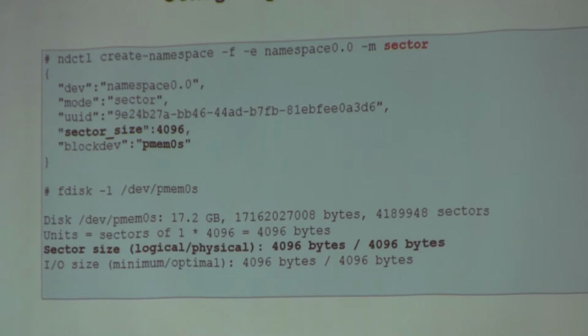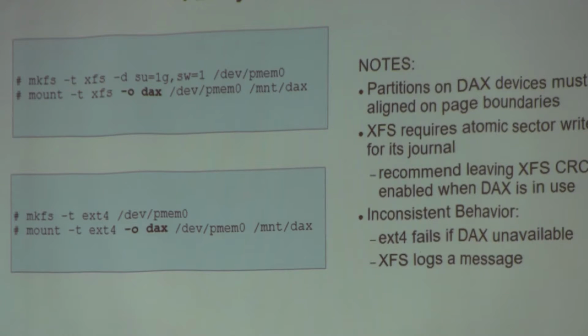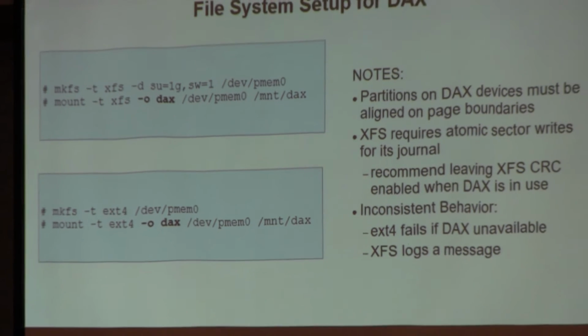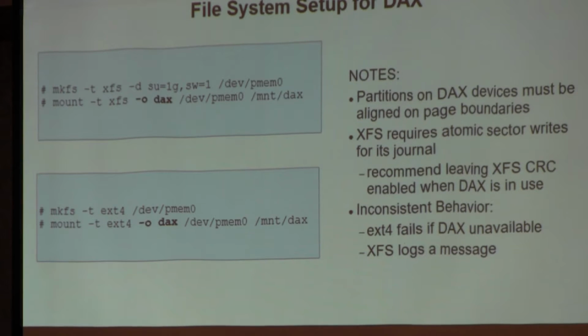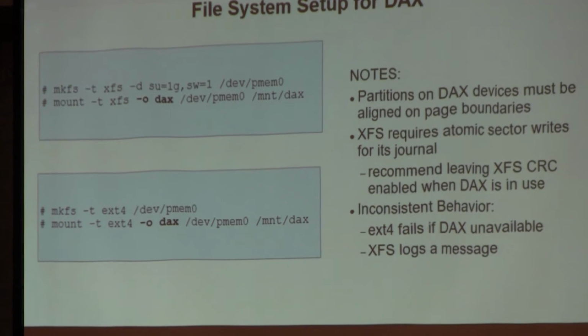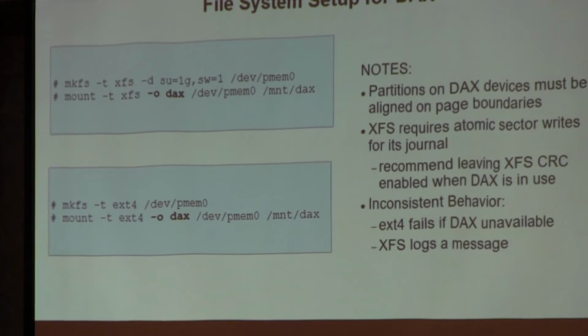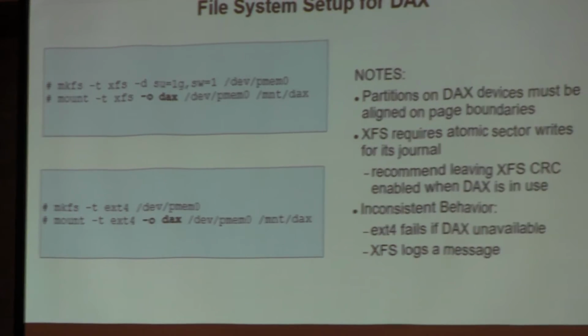So then the next step, of course, here is you can mkfs XFS or ext4, and mount the device with -o dax, which is the option that specifies that you want to be able to do DAX on this device.